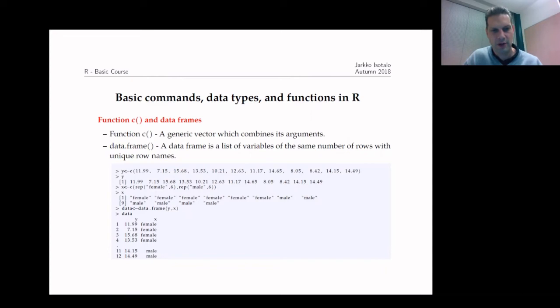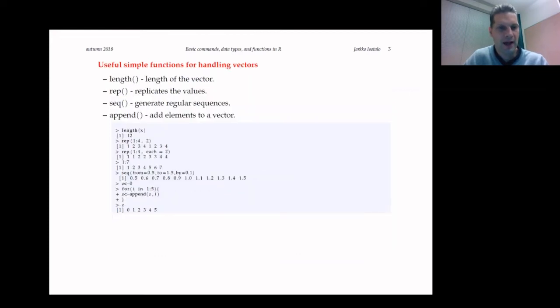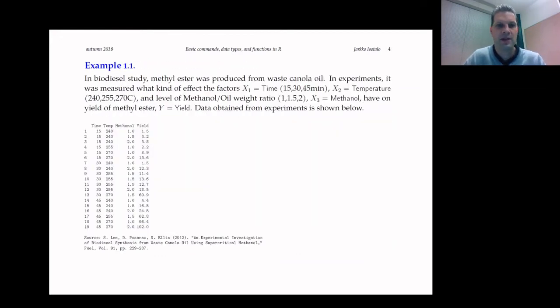You use it all the time if you use R. And the data frames, it's important to understand the data sets are usually stored in a data frame form, and list is this sort of a quite generic R object which contains elements of different types, so it's a very flexible R object. And then we can look at some examples.